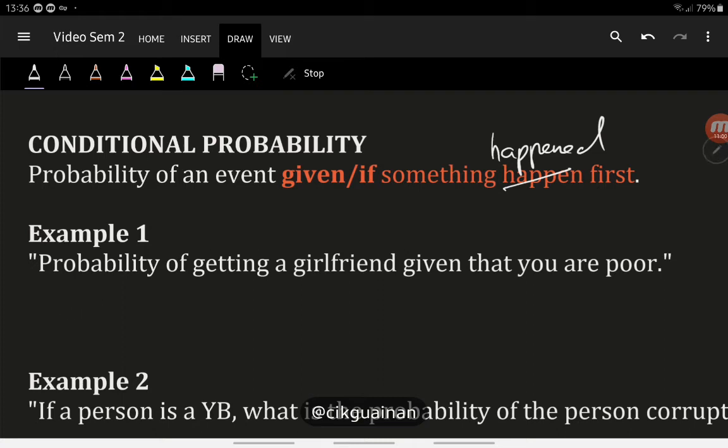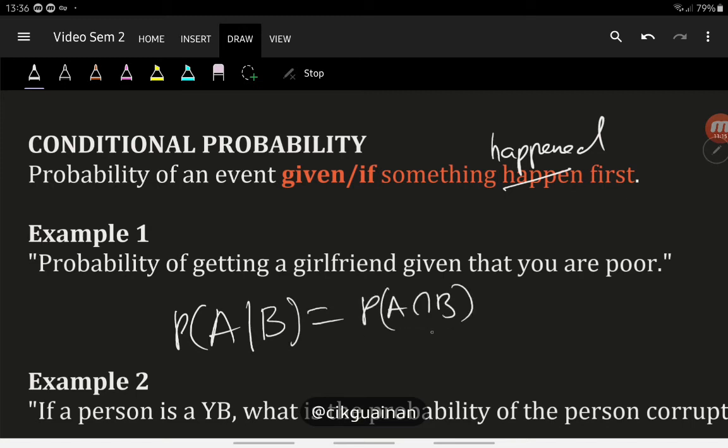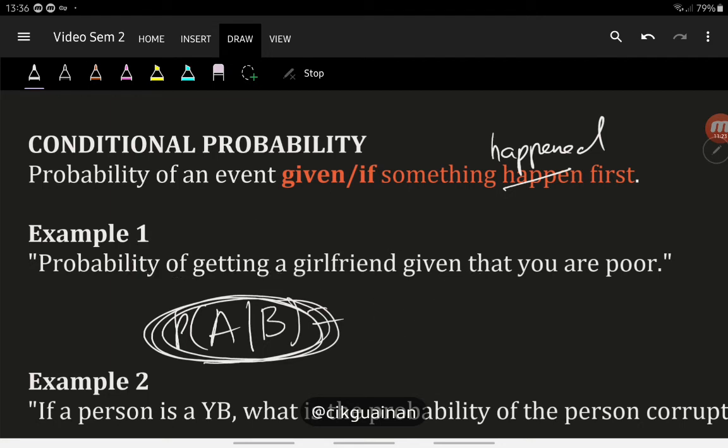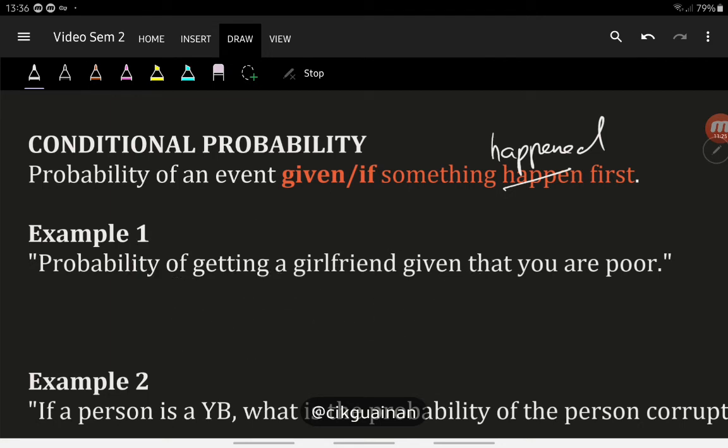Now the formula is P(A given B), with a line in between, equals P(A intersect B) divided by P(B). Now I want to teach you how to get this easily from the sentence.